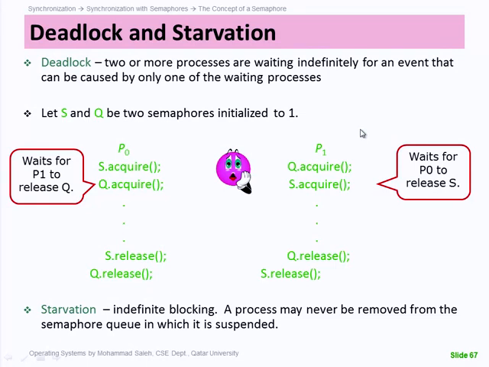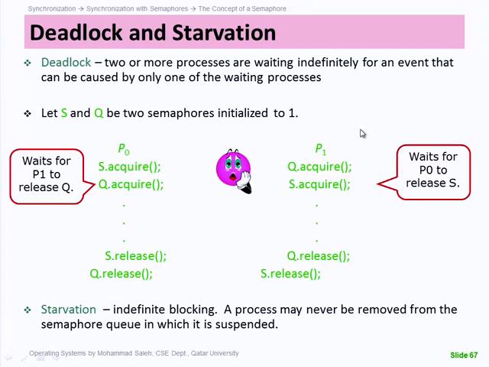And then the logic of P1 says acquire resource S, because P1 needs these two resources together to continue its work. However, resource S is currently being used by P0. Then we're going to have a context switch, because the acquire method will set process 1 to wait, acquiring a resource that's not available.